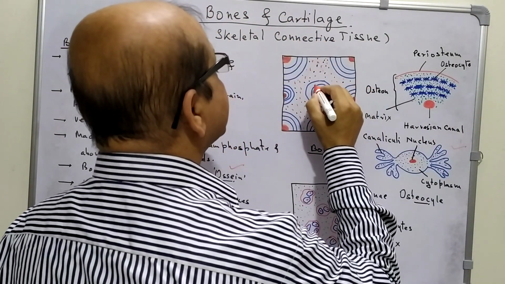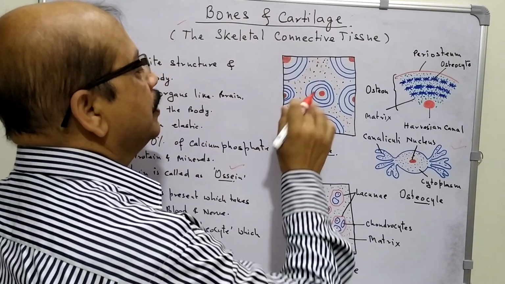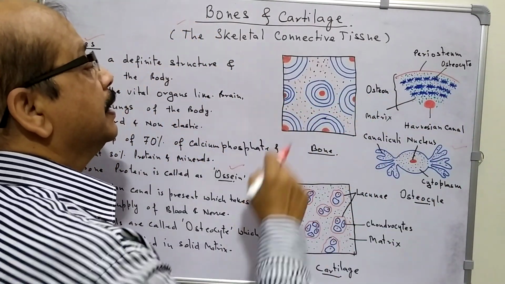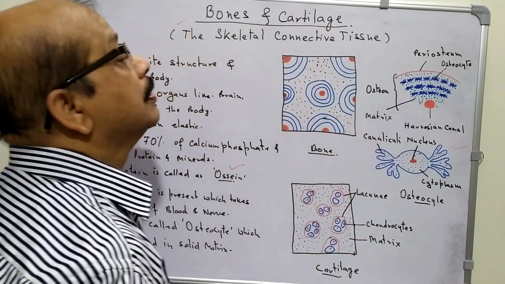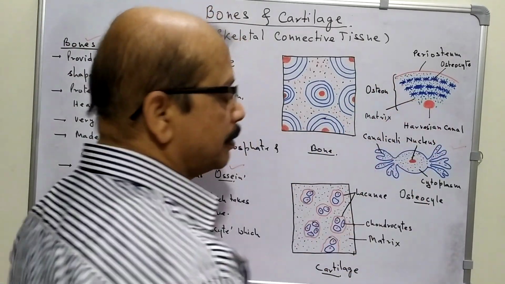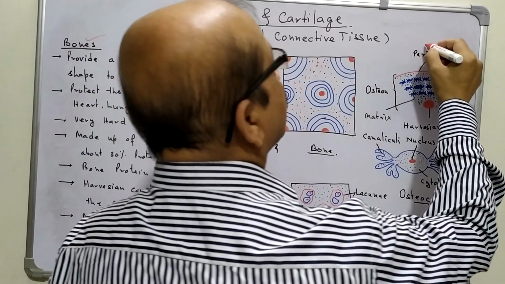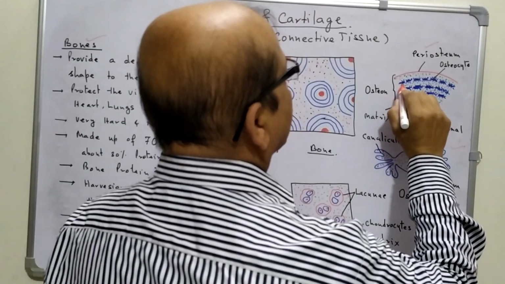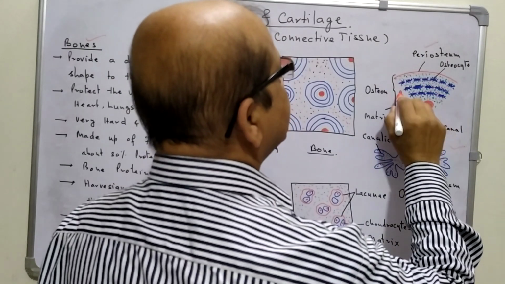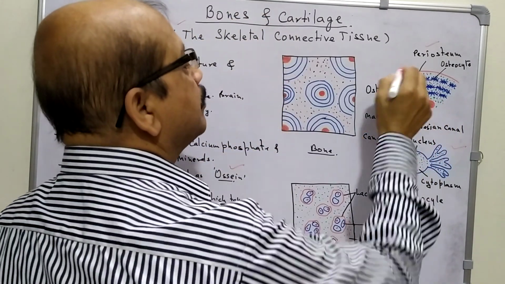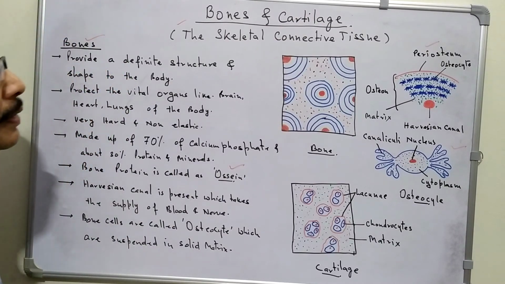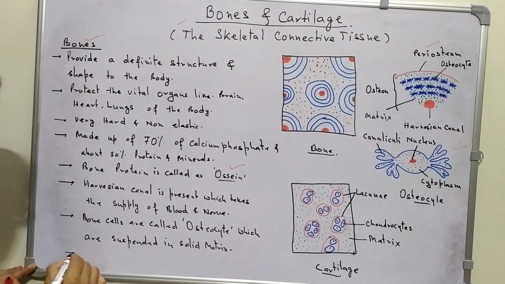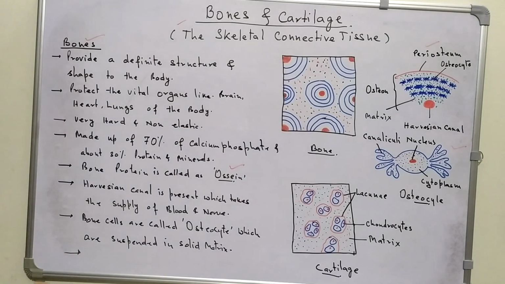Each ring is called an osteon. The outermost covering of the bone is known as periosteum. In the middle part of the bone, there is a cavity known as bone marrow.